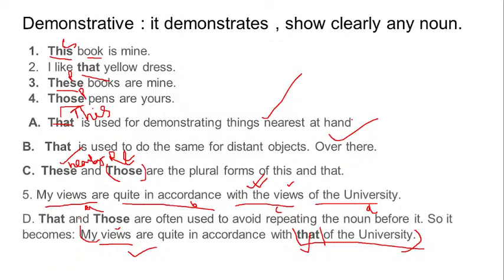No point in repeating the views, it doesn't make the sentence proper, right? So instead of this second views, we can always shift to that. The meaning remains the same, but this use of that will be in place of this repetition of the views. This second noun will not be repeated anymore.